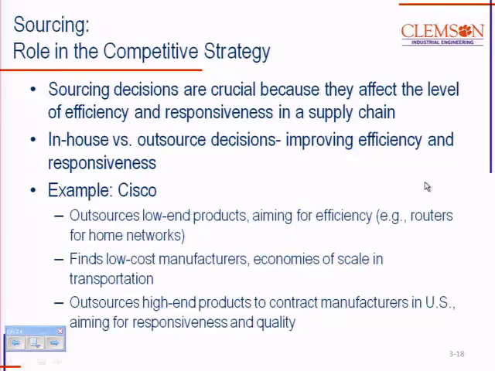I've already said a little bit about these first two bullets. The biggest thing is we don't want to be outsourcing in a way that disadvantages our supply chain. This example with Cisco shows that depending on the product, they may choose to be more efficient or more responsive.